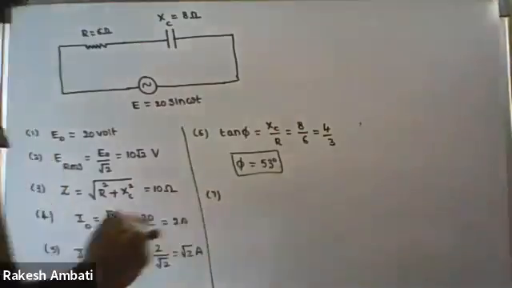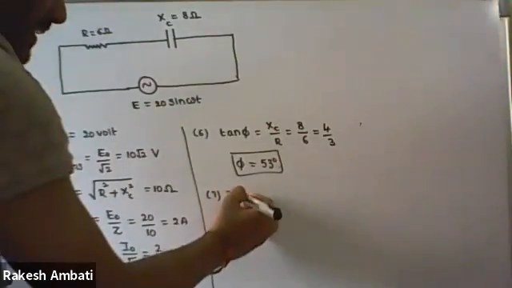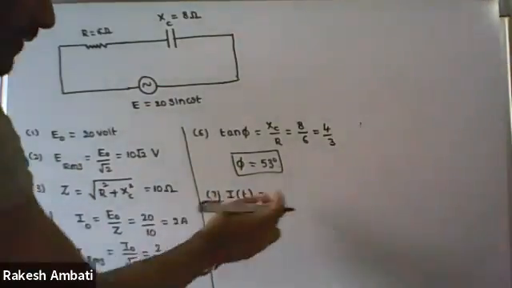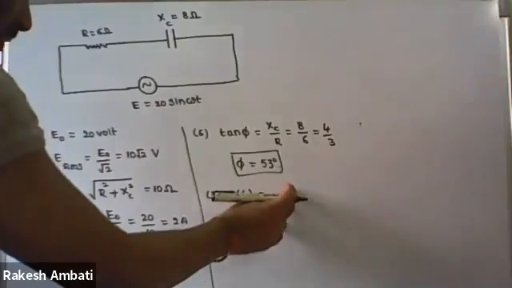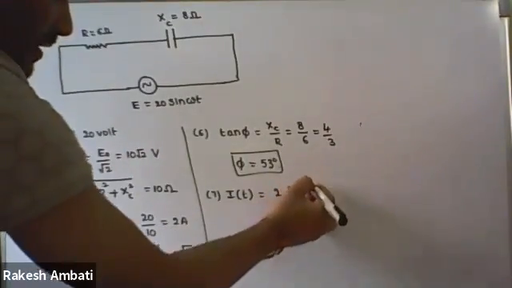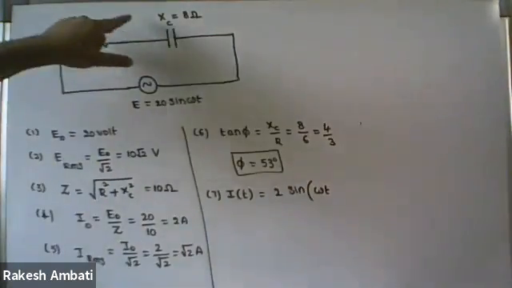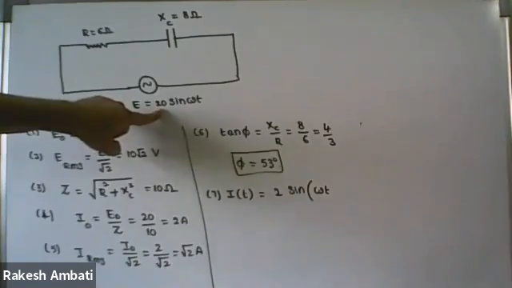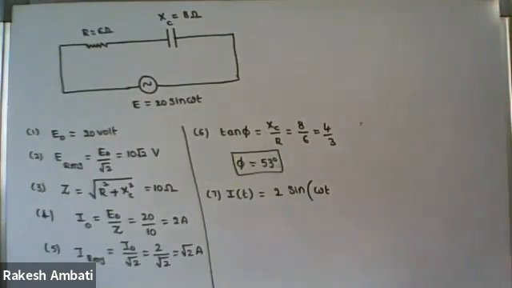Next, seventh question. I want to find the current as a function of time. So I equals I naught sine function of something we have to write. The I naught value is already 2 amperes. Sine function of omega t. In the case of a CR circuit, with respect to EMF, whenever capacitance is present, does current lead or lag?